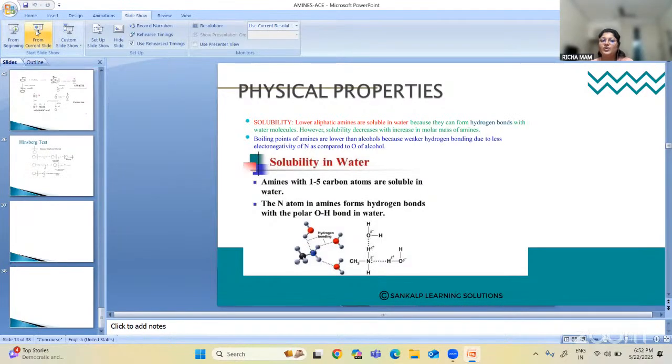Then we started with diazonium salts, their methods of preparation, and their chemical reactions. We saw two types of reactions: in one there is retention of the diazo group, and in the other there is replacement of the diazo group. Is it clear? Any doubts up to here?